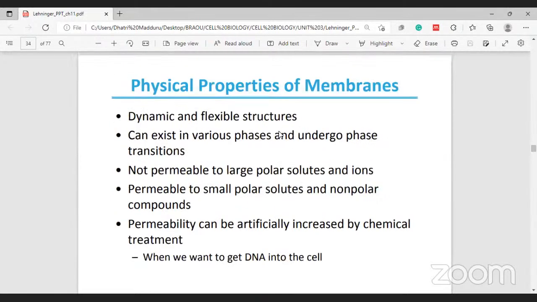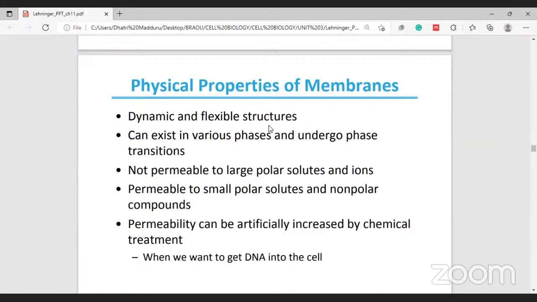So what are the physical properties of the membrane? They are dynamic and flexible and can exist in various phases and undergo phase transition also. They are not permeable to large polar solutes and ions. Only small polar solutes and non-polar compounds can pass through. Why only non-polar components?